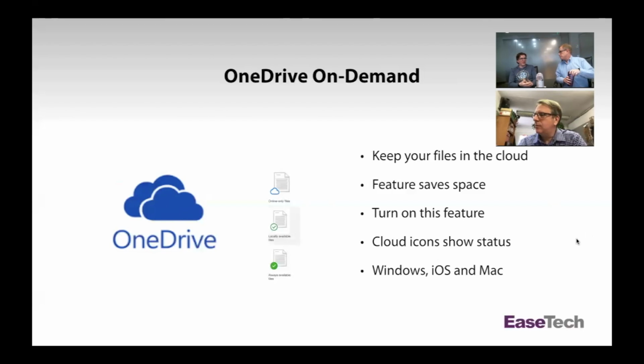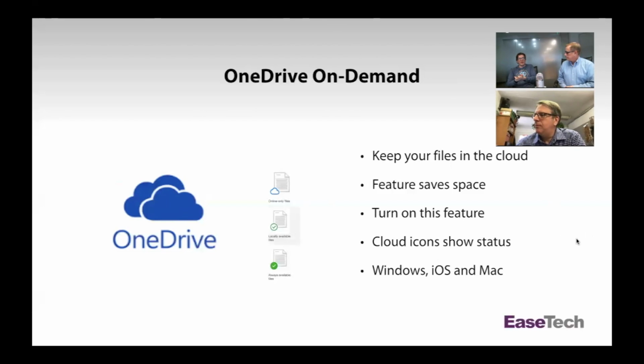If people have worked with Dropbox, I think it has a similar feature, and Google Drive, I think they call it File Stream. But basically this allows you, right from your File Explorer, to browse to your SharePoint libraries in a way that lets you see everything and preview the content.